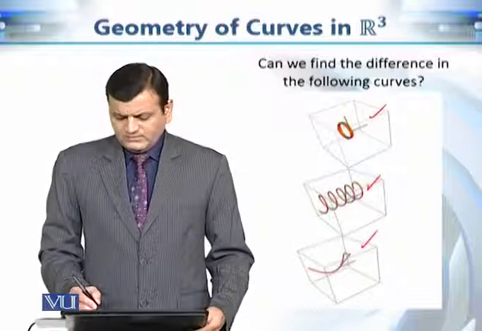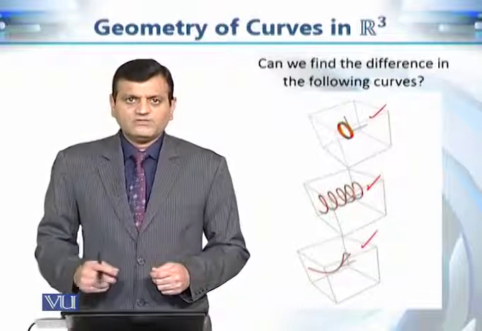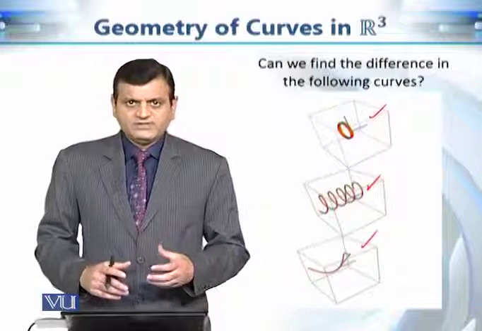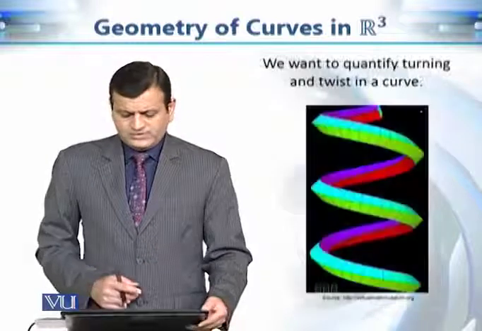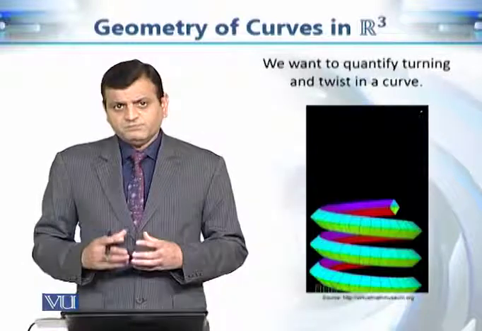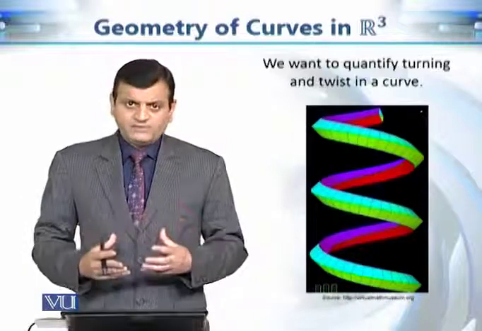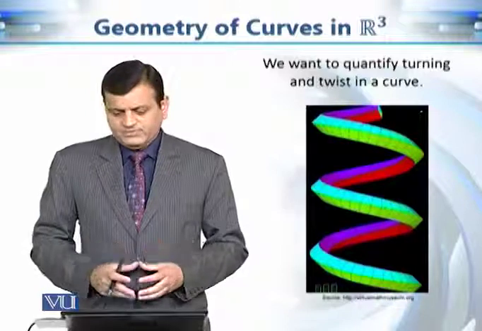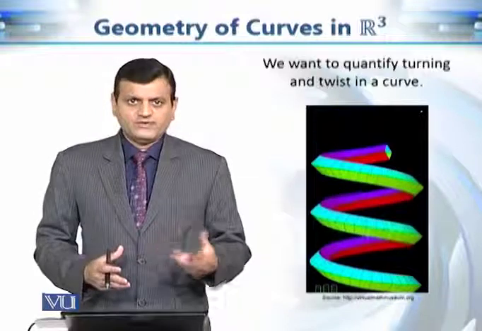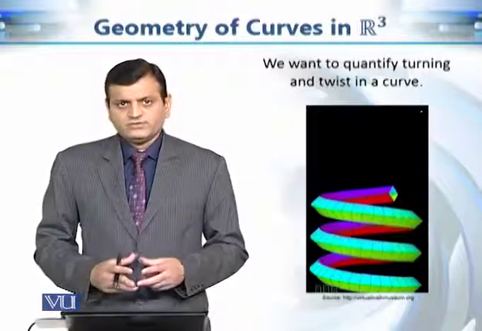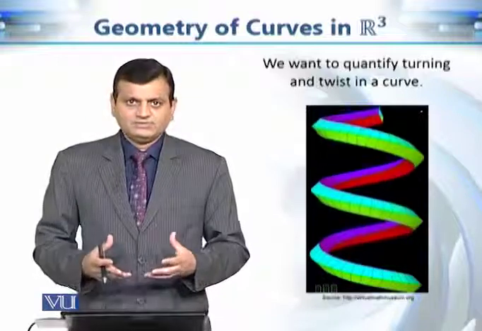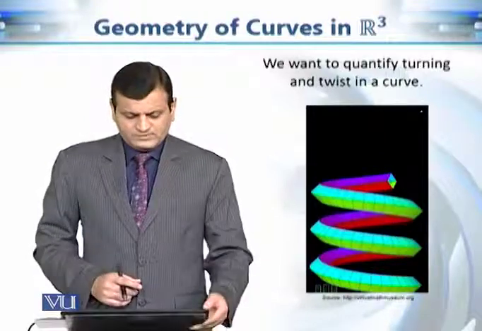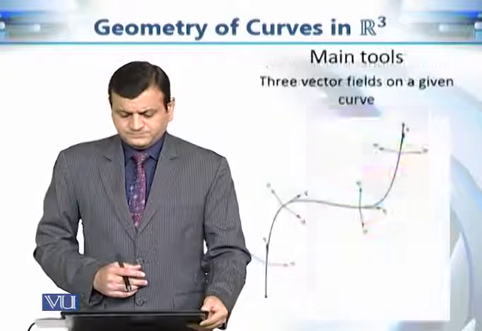And then there is also a twist in the curve as well. So there is a curvature and there is a twist. These two quantities are the main aim for our next discussion: we want to quantify the rate of turning, known as the curvature, and the rate of twist, which will be known as the torsion. So that's the main task.